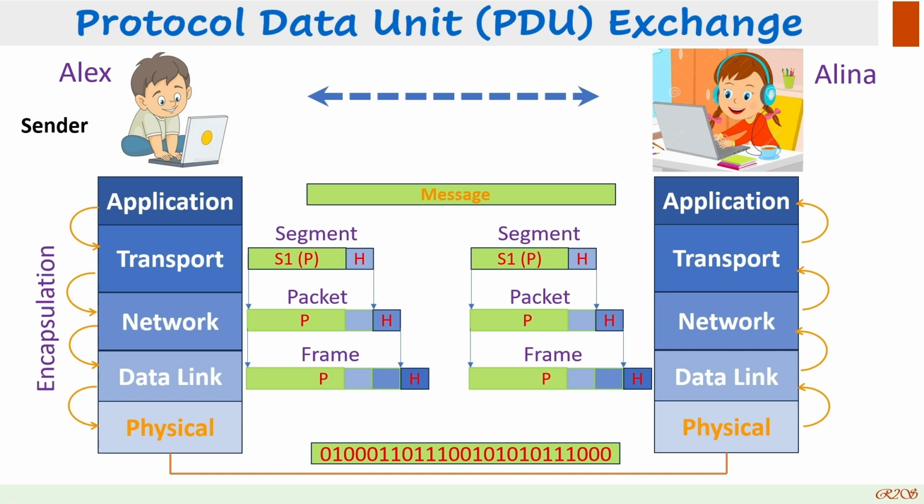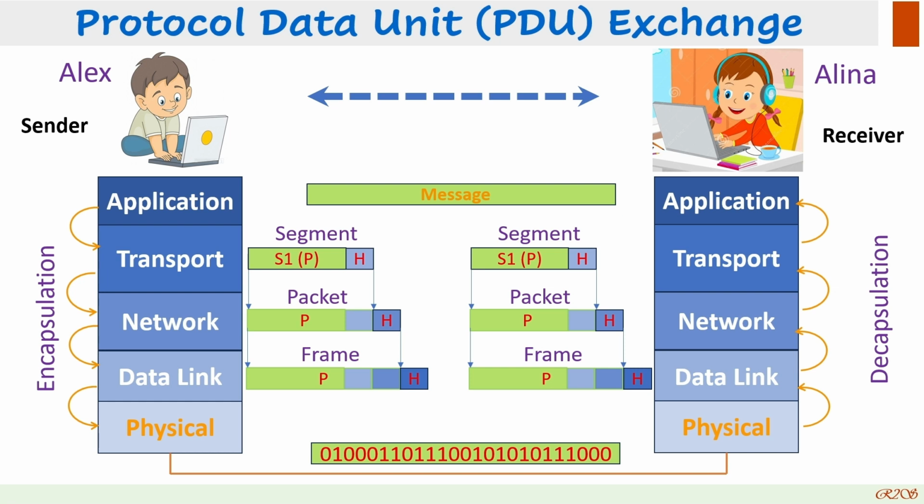This process on the receiver side is called decapsulation. It gradually strips off or removes the header at every layer, and finally all the segments are put together and forwarded to the application layer. So Alina now receives the message from Alex.